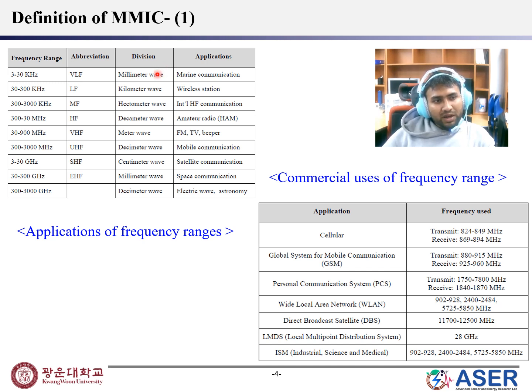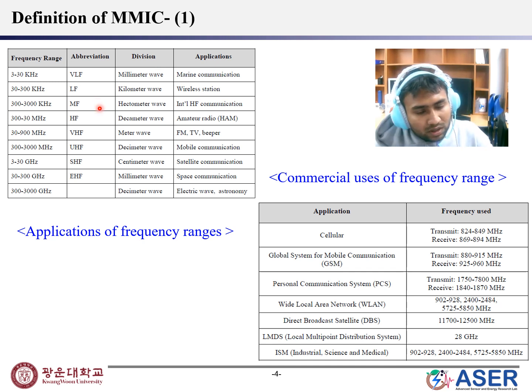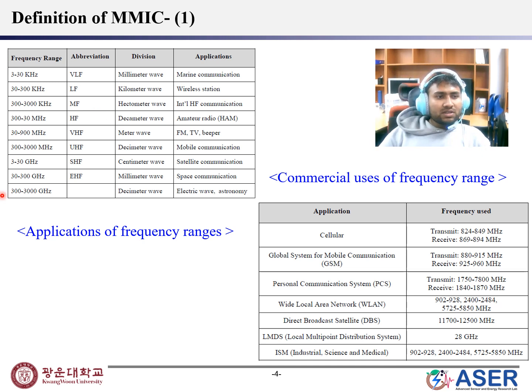Its division is micromillimeter wave, and application is in marine. From 30 to 300 kilohertz, its abbreviation is LF, long frequency. Its division is kilometer wave. Application is wireless station.